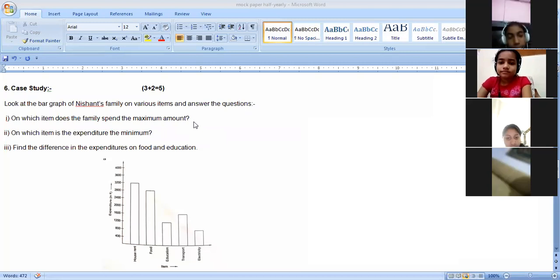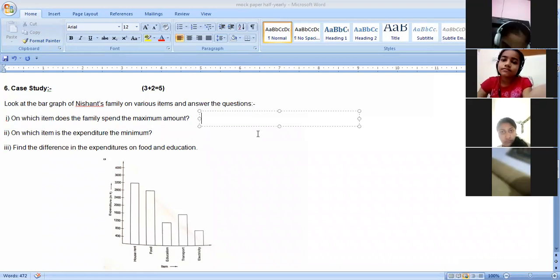Can you tell me which is the maximum amount? Yes, maximum amount is spent on house rent. That's right. So you can write the answer here, house rent.